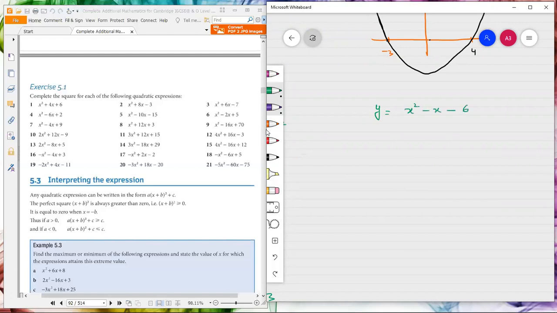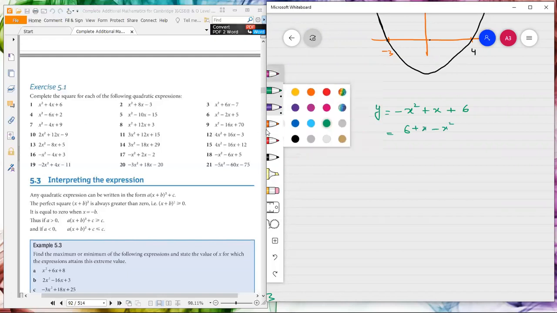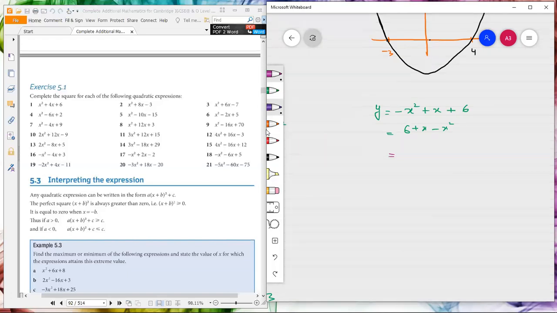Now if I change this whole thing and write minus x square plus x plus 6, so write down 6 plus x minus x square here. The factors of this would be: first multiply, this would become minus 6x, and minus 3 and plus 2.